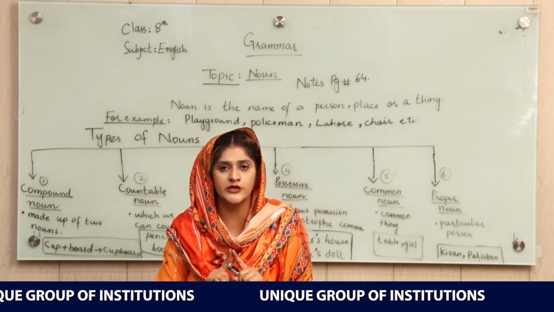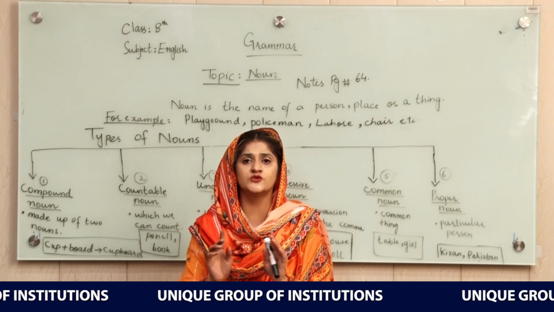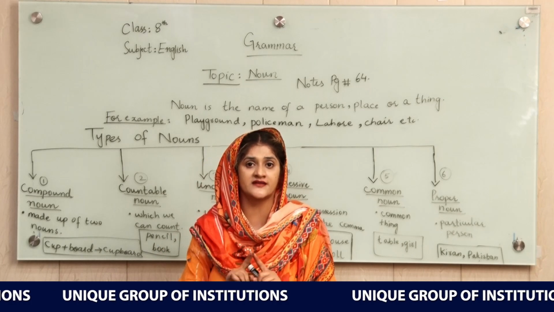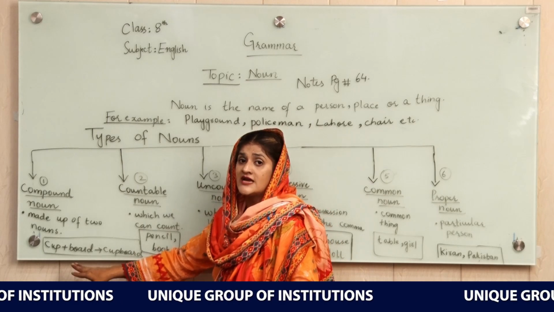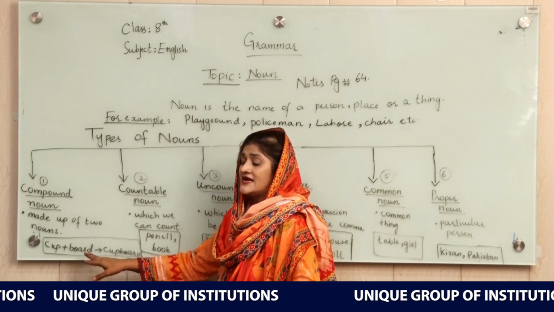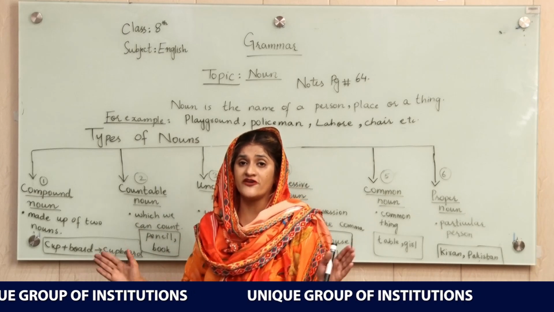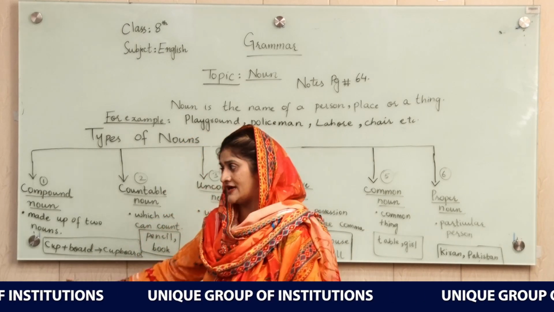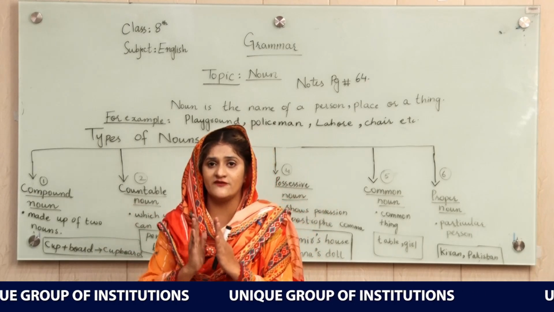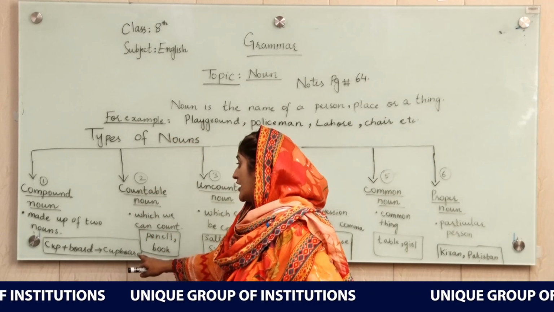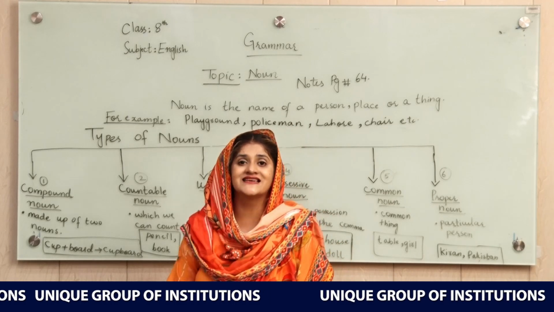When we make a new word by joining two separate words together. For example, if I take the word cup and the word board, although they have different meanings, if I join them, I will make a new word which is called cupboard.